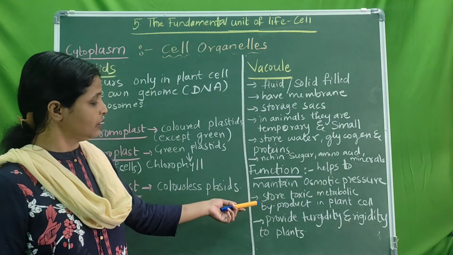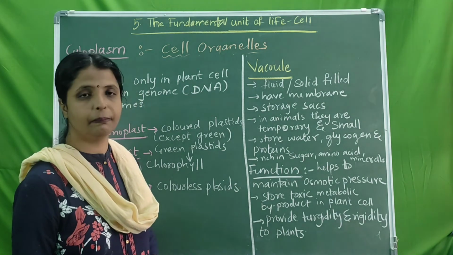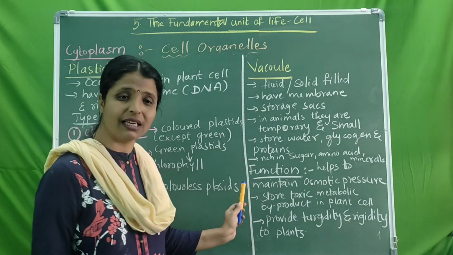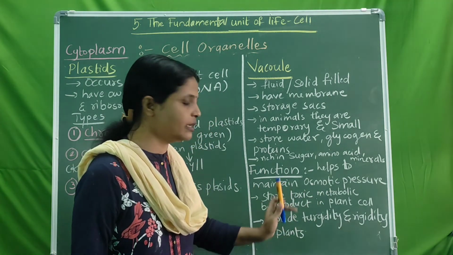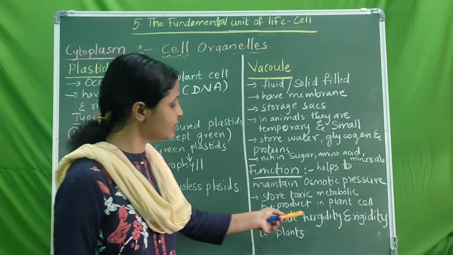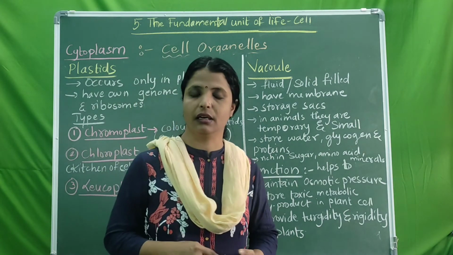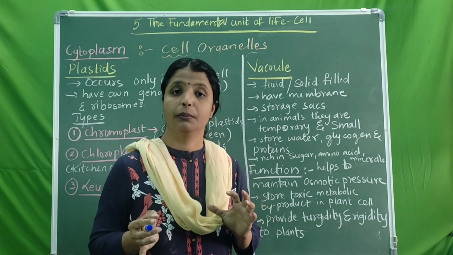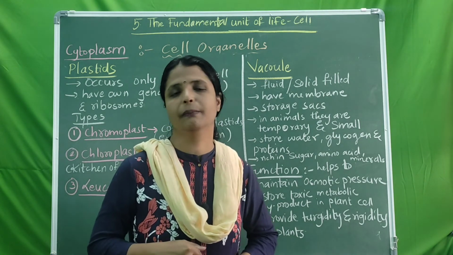Then second, it stores toxic metabolic byproducts in the plants. So what is it storing? It is storing the toxic, in the sense which is not good, metabolic byproducts in the plant cell. Then third, it provides turgidity and rigidity to the plants. What do you mean by turgidity and rigidity? It is nothing else but providing a mechanical support to the cells in the plants.